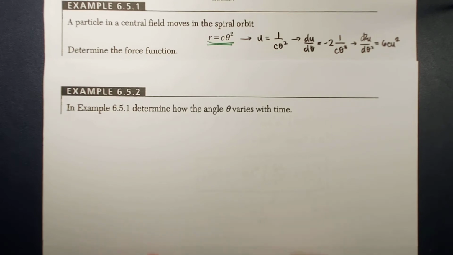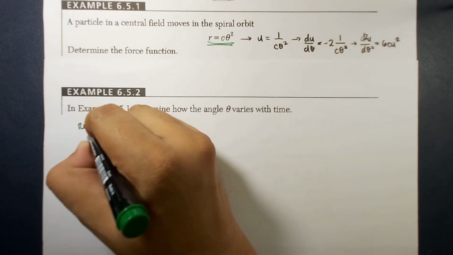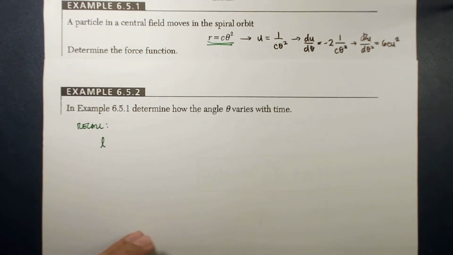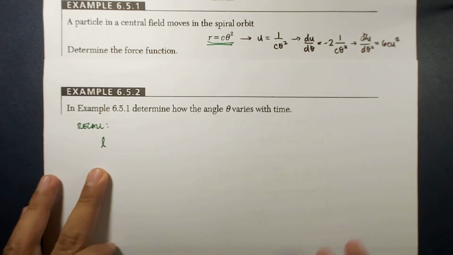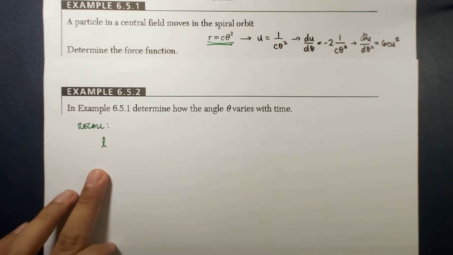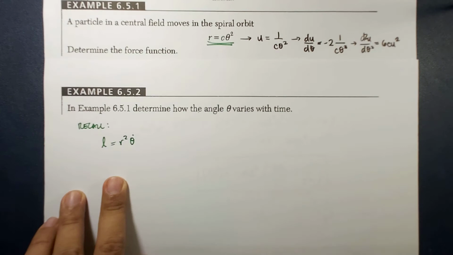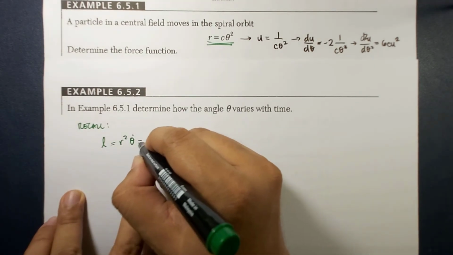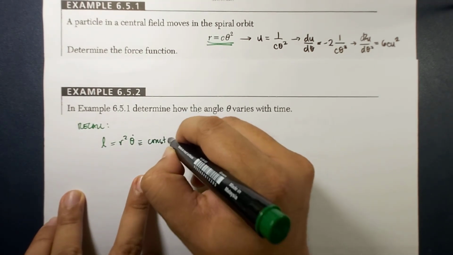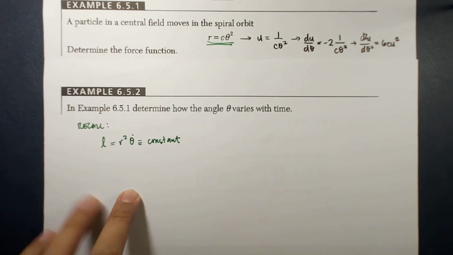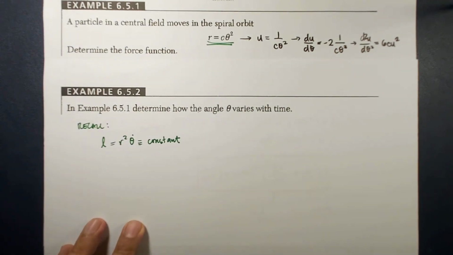In order to do this, let's recall your small l. What is small l? Small l is the angular momentum per unit mass, and this is equal to r squared theta dot. And we all know that this is a constant by virtue of conservation of angular momentum.